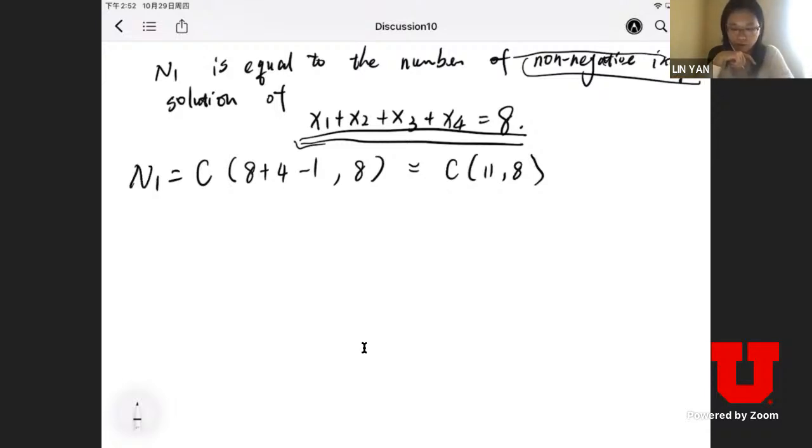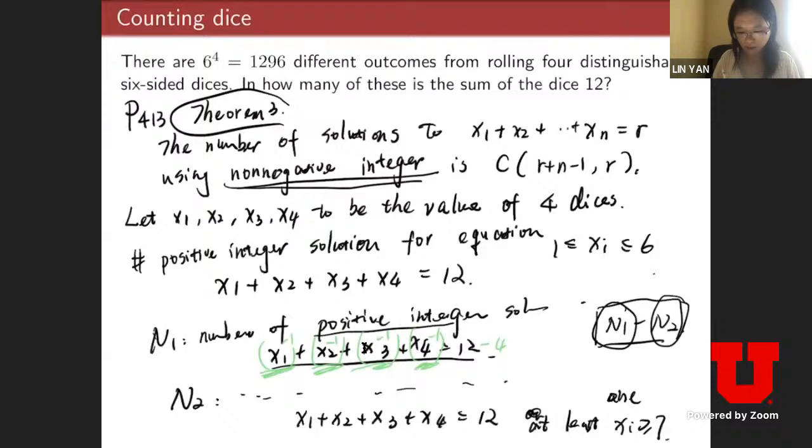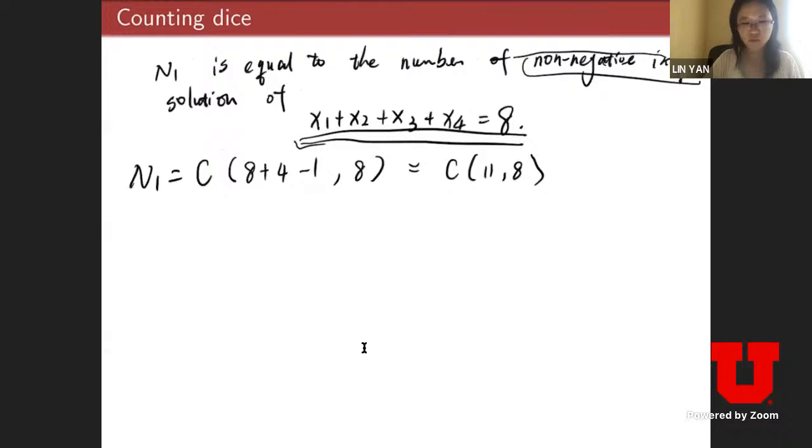Any questions so far? Let's review this question. The original one is x1 plus x2 plus x3 plus x4 is equal to 12, but we require positive integers. So we subtract 1 from each item, and the right-hand side becomes 8. Then each item becomes non-negative, and we can use Theorem 3 directly.